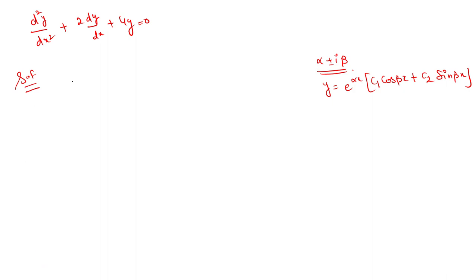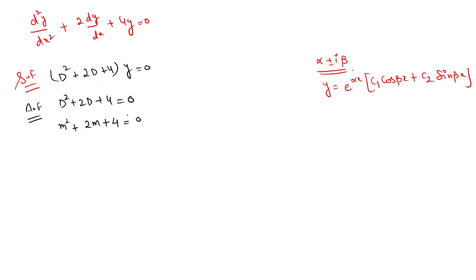It can be written as (D² + 2D + 4)y = 0. What is its auxiliary equation? It is D² + 2D + 4 = 0. Again we can convert it into the equation m² + 2m + 4 = 0.